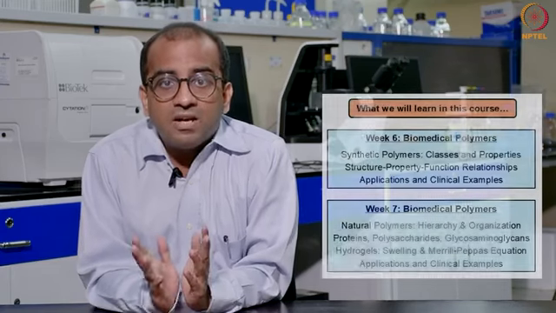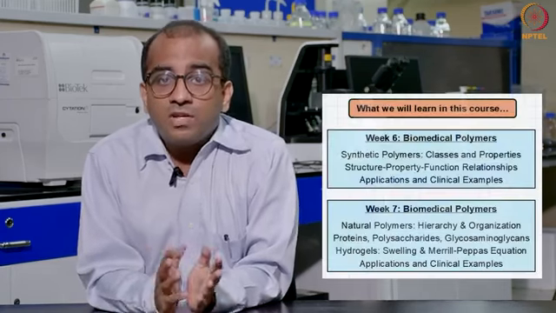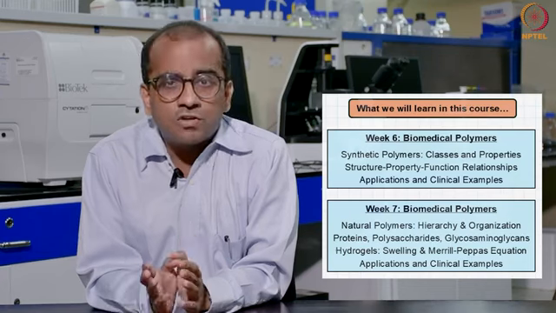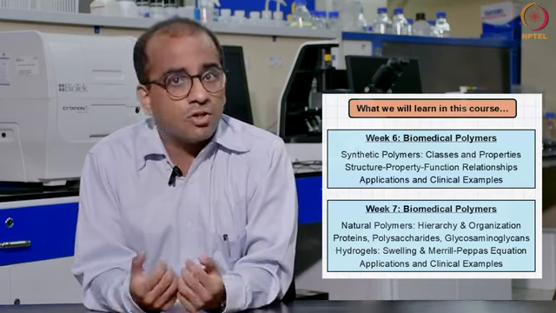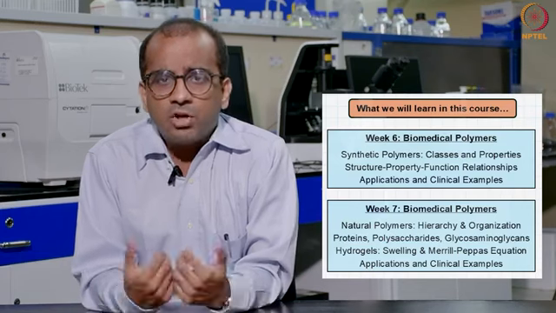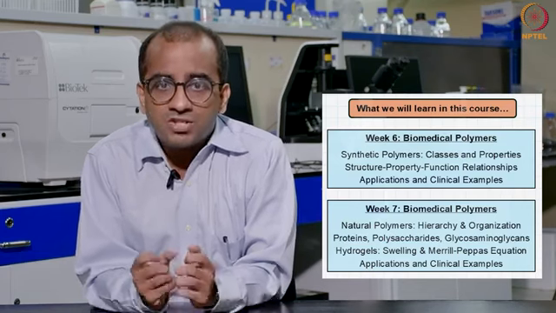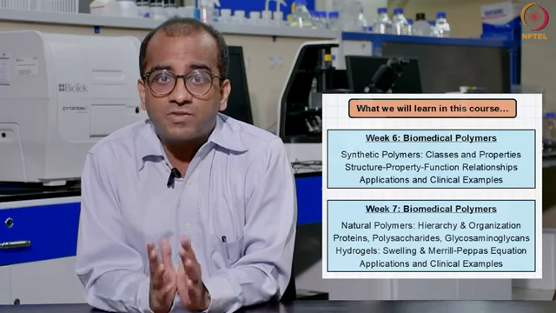And using the foundation that we have laid very strongly in the first 5 weeks, in weeks 6 and 7 we will look at specific examples of clinically important biomedical polymers, both synthetic and natural. We will also look at hydrogels. We will look at numerous examples of these to help strengthen the paradigm of structure property function relationships.